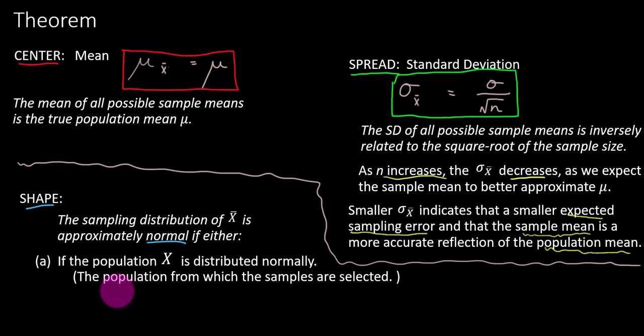There is another way that this can happen, because sometimes you don't know the shape of the population distribution. That could be pretty prized knowledge. So we do have another way that this can be satisfied.